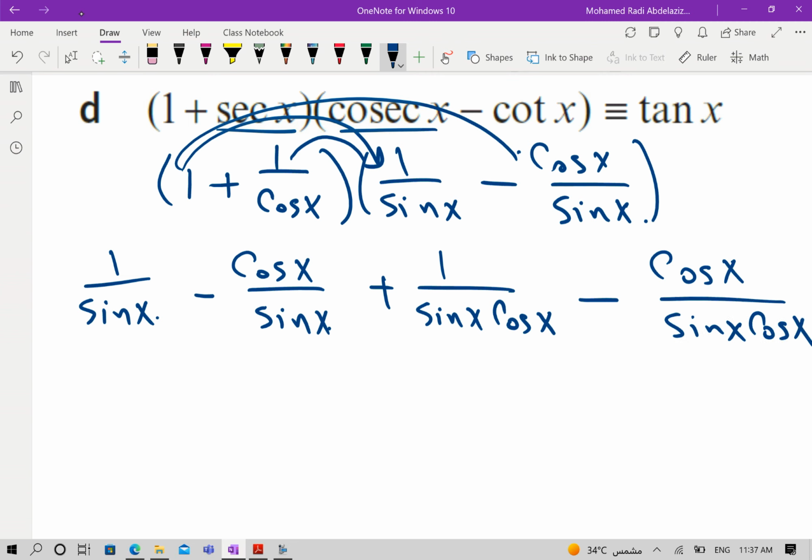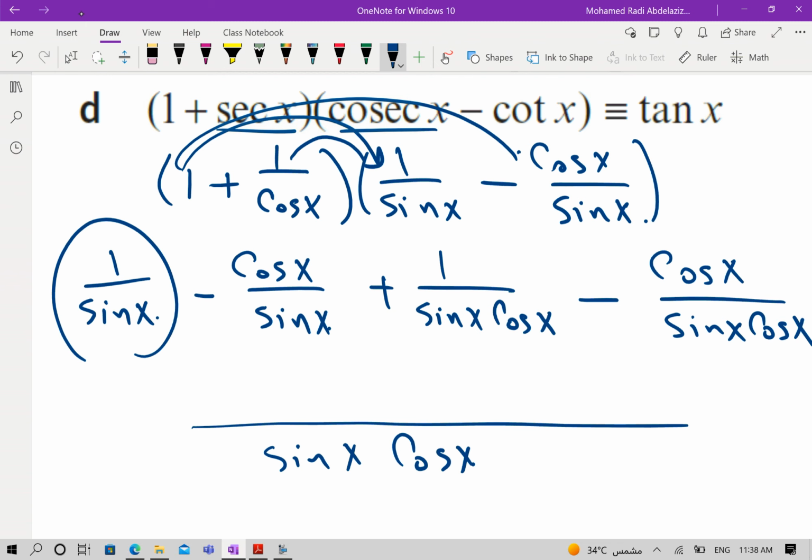Step clear? There are two terms that are the same, one positive, one negative. Forget this, here 1 times. Okay, the common denominator will be what? Sine x cosine x.